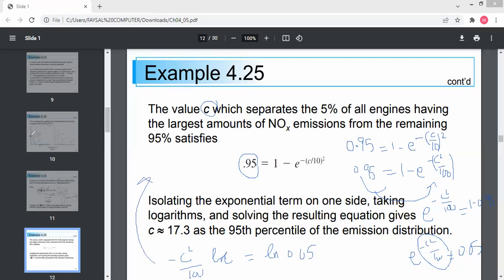After this, it will be negative c square divided by 100 equals ln 0.05 divided by ln e.